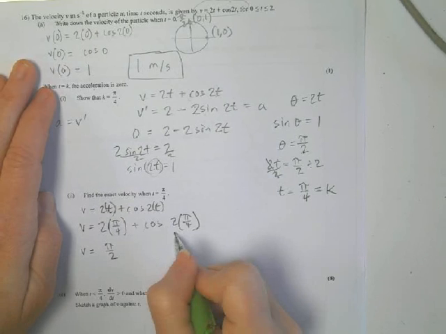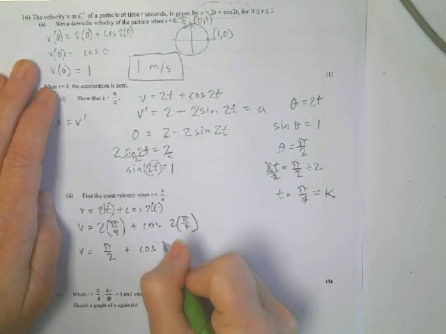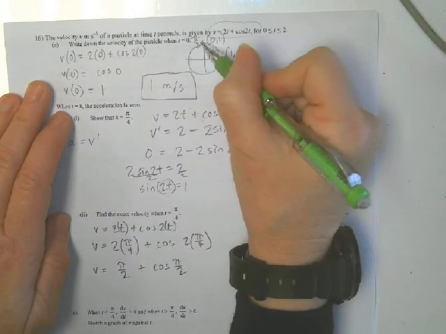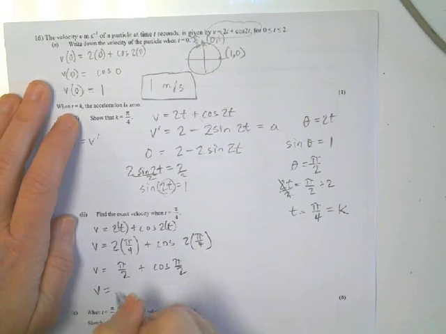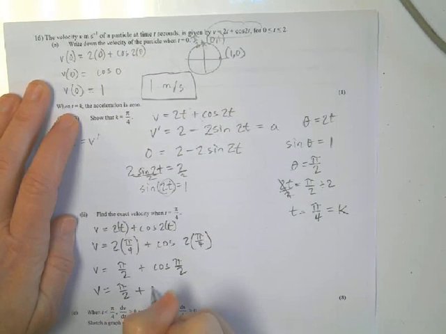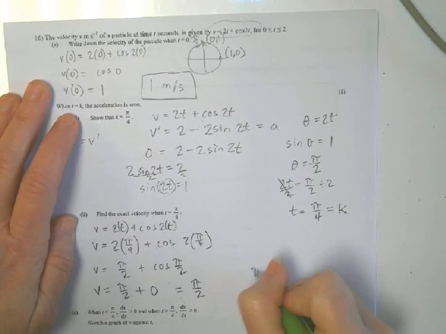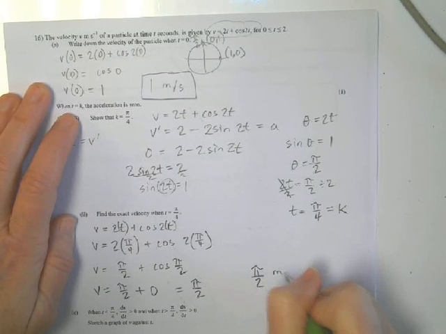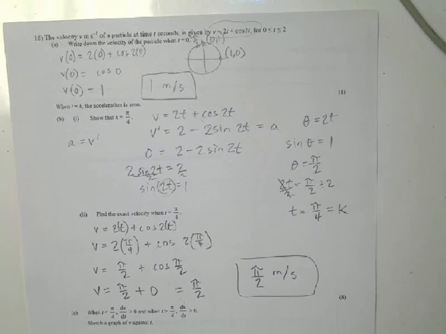And then over here, I'm going to have cosine again of pi over 2. Pi over 2, looking at my unit circle, the cosine is 0, so this just equals 0. So I have pi over 2 plus 0, which is just equal to pi over 2. So the exact velocity is pi over 2, and that would be, is it meters per second? Yes, meters per second would be my exact velocity.